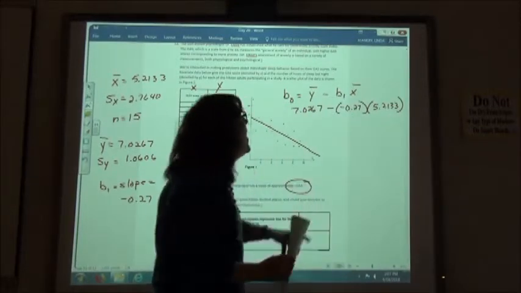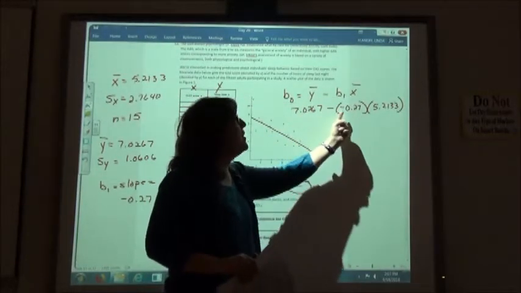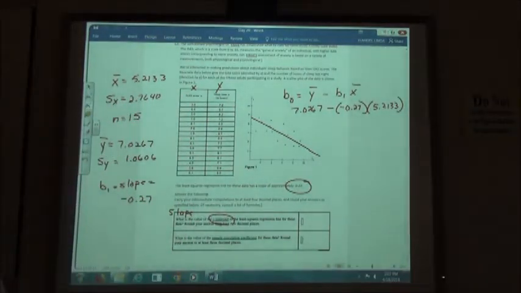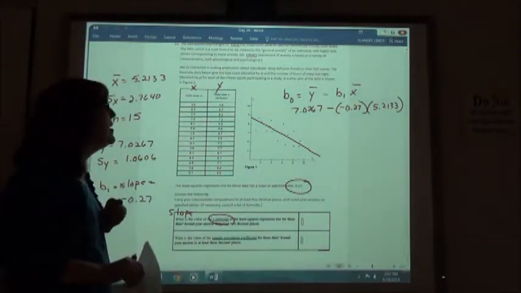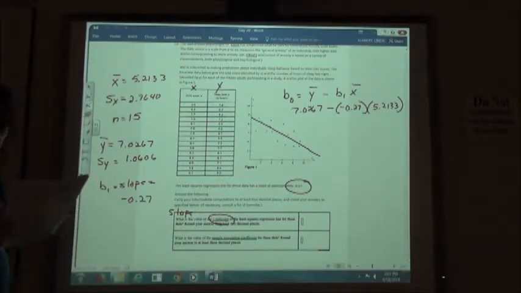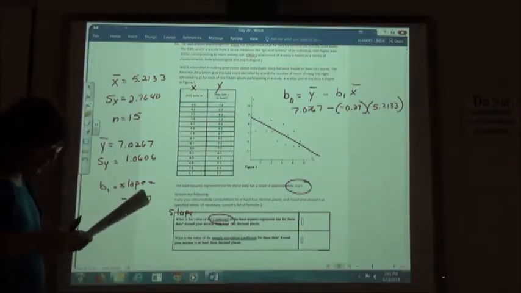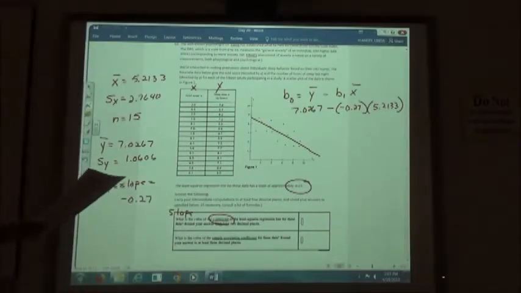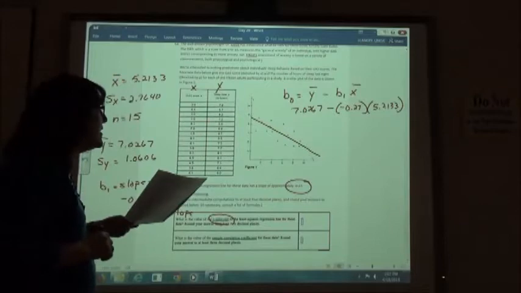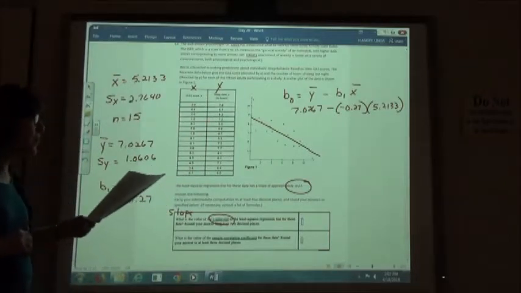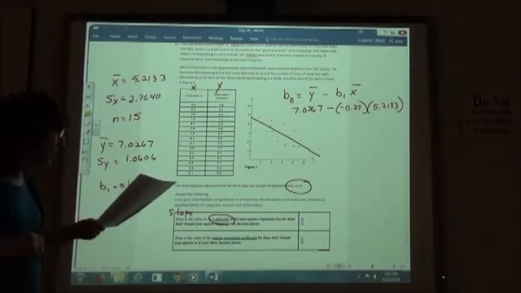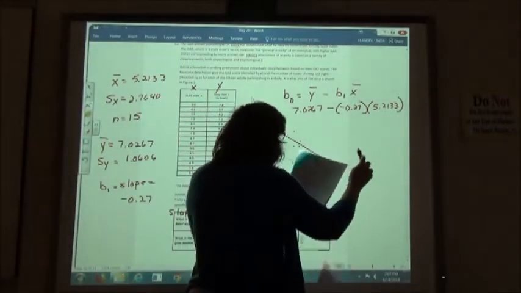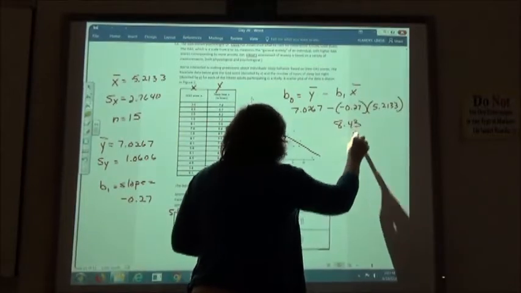So be careful on that. There's a subtraction in the formula, and then our slope is negative. So I'm going to have minus and then a negative 0.27 times 5.2133. So again, just put that in your calculator, 7.0267 minus parentheses negative 0.27 parentheses 5.2133, and rounding that off to the nearest hundredth or to 2 decimal places, we would have 8.43.